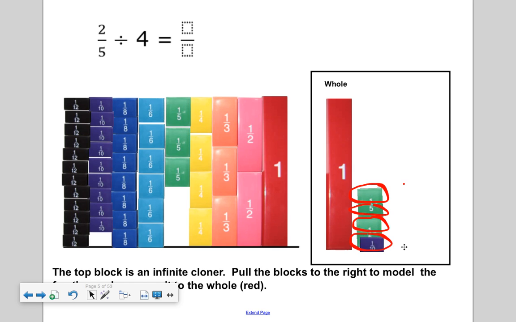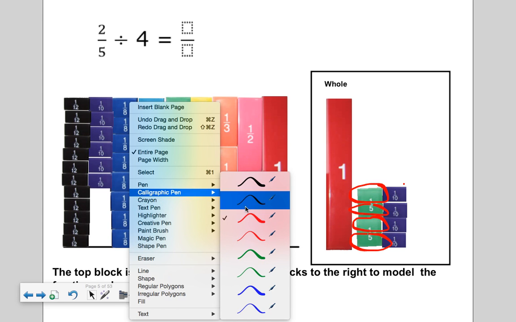Let's look at 1/10. So I can exchange 2/5 or rename it as 4/10. So if you have 2/5 or 4/10 and you divide it into 4 equal groups, the answer is 1/10.